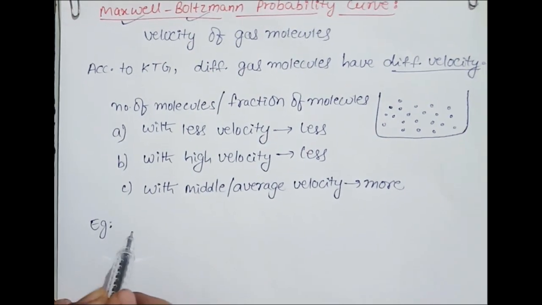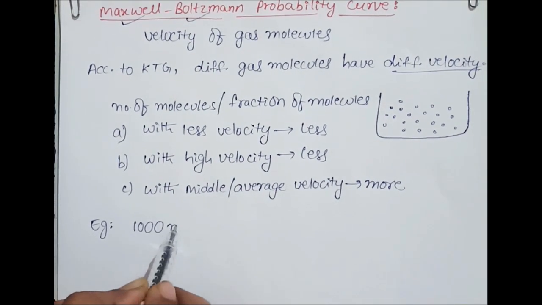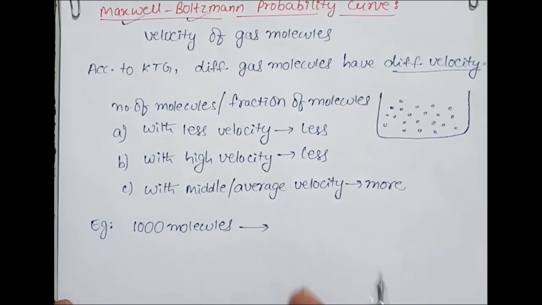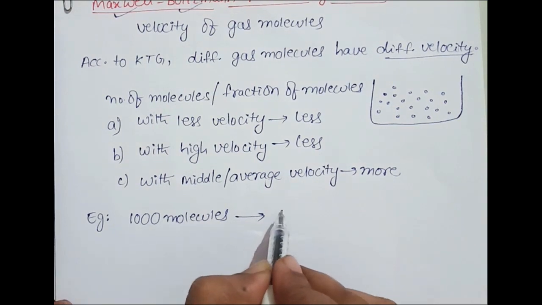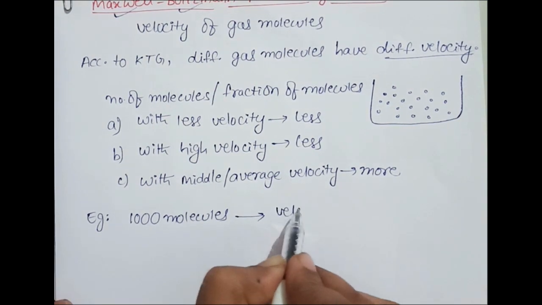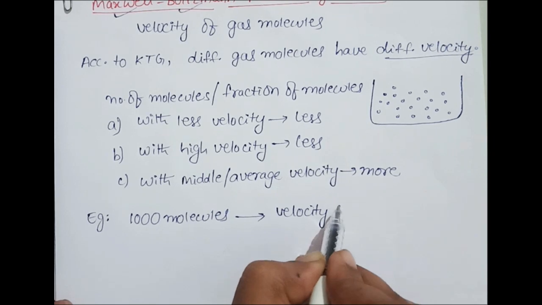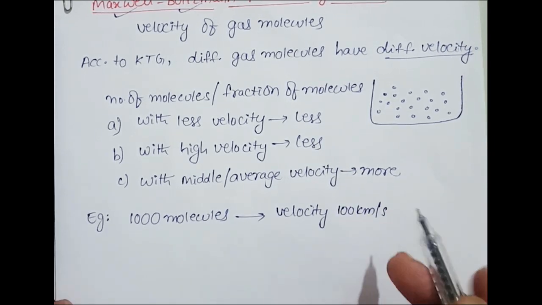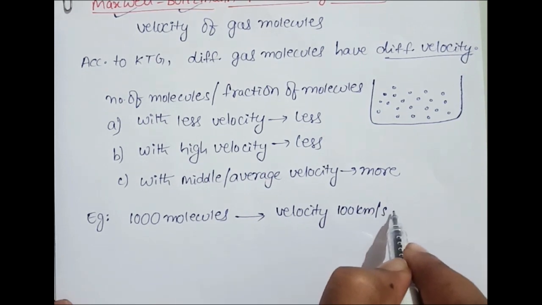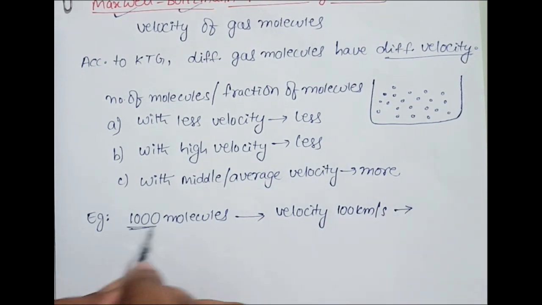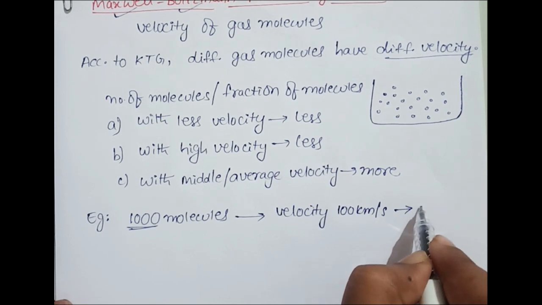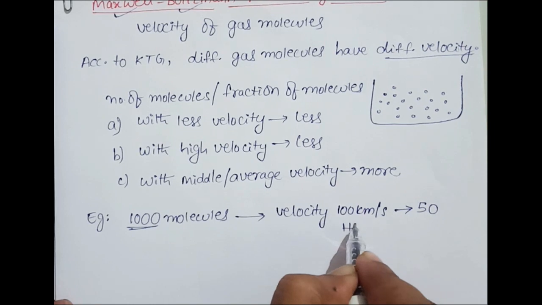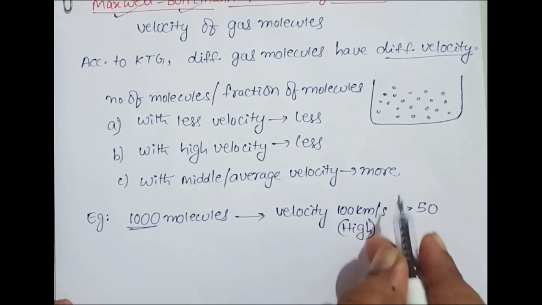Suppose you take 1,000 molecules. Out of these 1,000 molecules, the number of molecules with a velocity of, let us say, 100 kilometer per second, this is a very high velocity, will be very less. Out of 1,000, let us say there are only 50 molecules with this very high velocity.